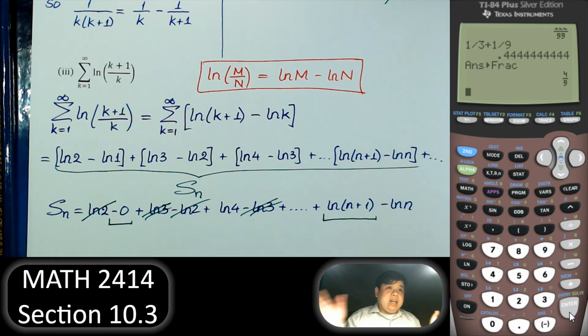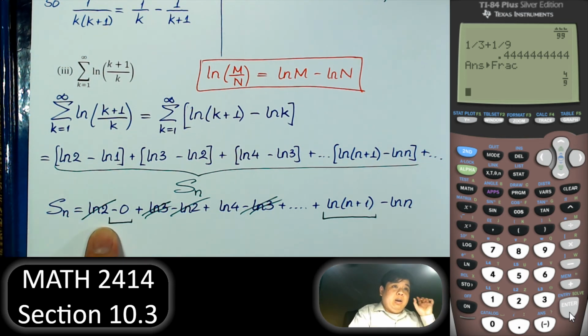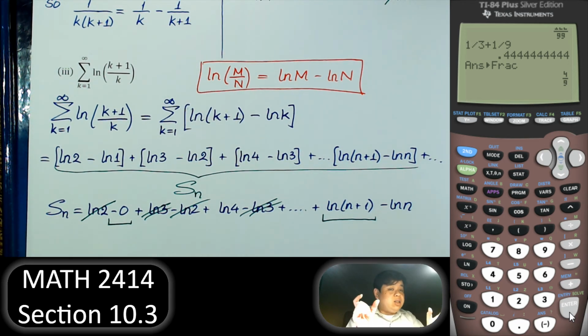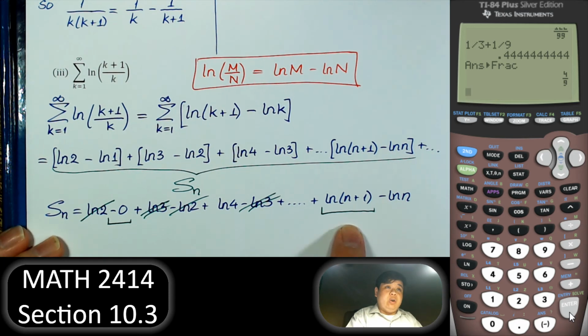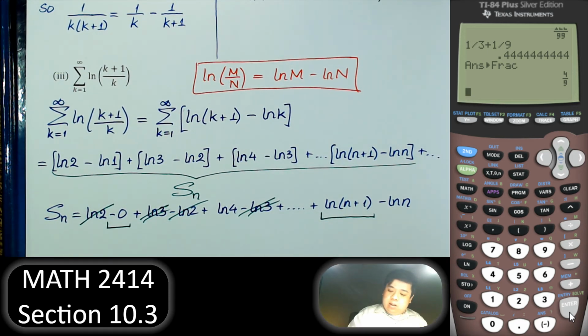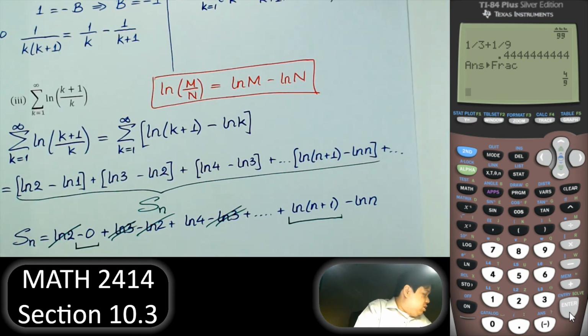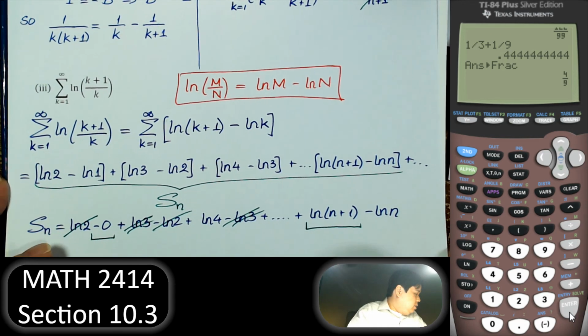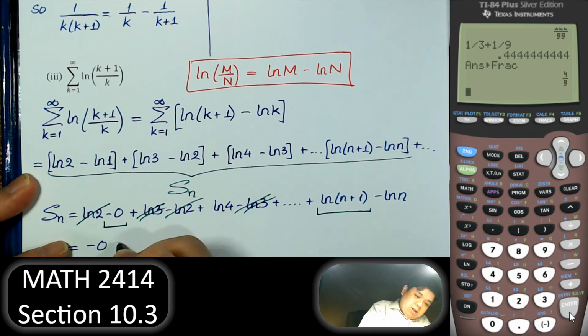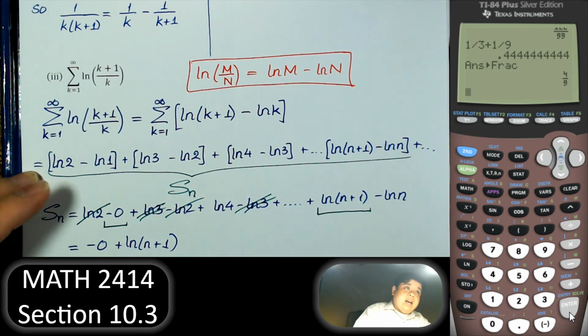After everything cancels out, since we have 1 minus remaining from the beginning, we need 1 plus on the back. So that's why we need this term, ln of n plus 1, minus 0, really. So minus 0 plus ln of n plus 1. That is s of n.